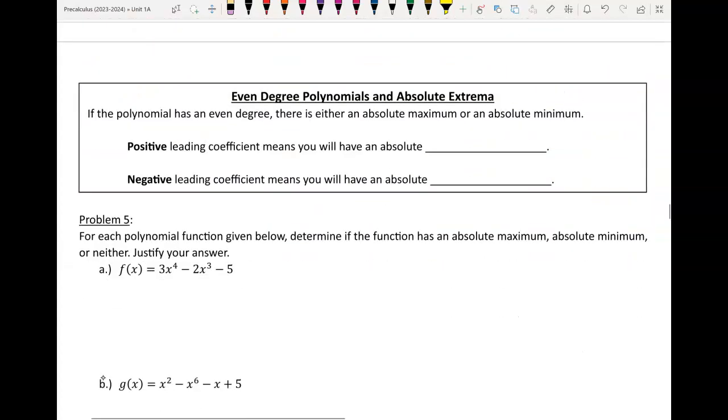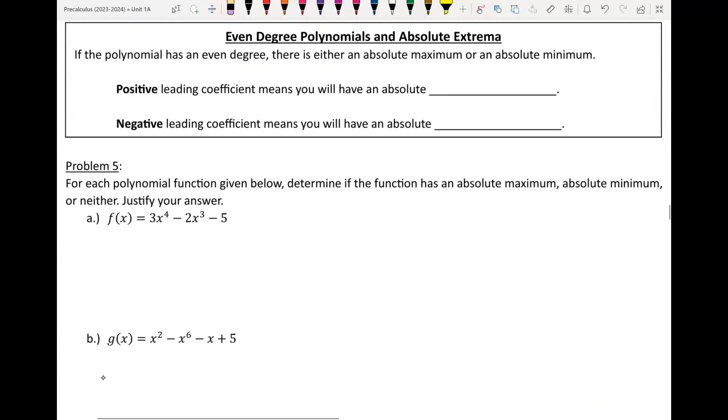All right, moving on. Let's go ahead and look at this one. This will be our last thing for today. And this is talking about the even degree of polynomials and absolute extrema. So if the polynomial has an even degree, and this is very important, it needs to be an even degree, 2, 4, 6, 8, 12, 96, whatever it is.